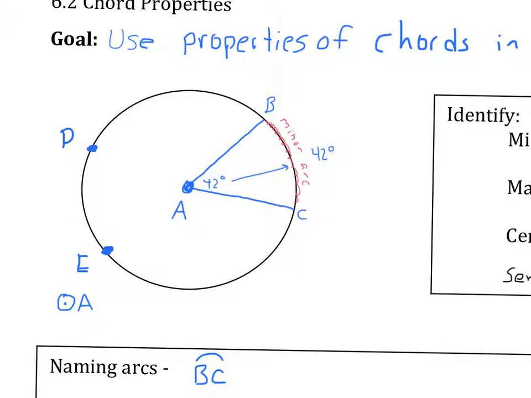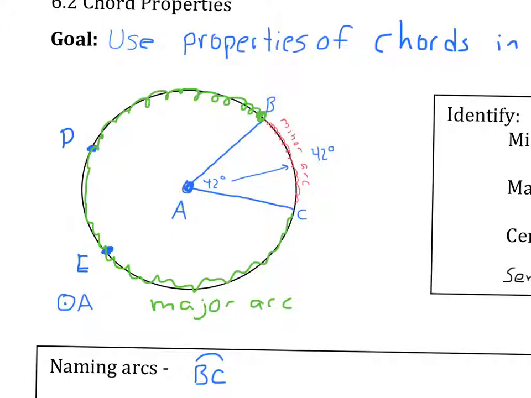Now, if I'm talking about the arc that goes around this way, starting at B, but going through D, going through E, and ending at C, that is my major arc. And of course, there are an infinite number of them.